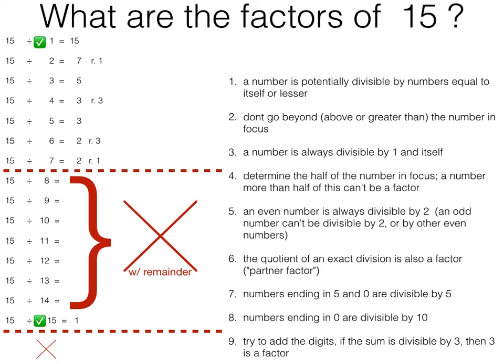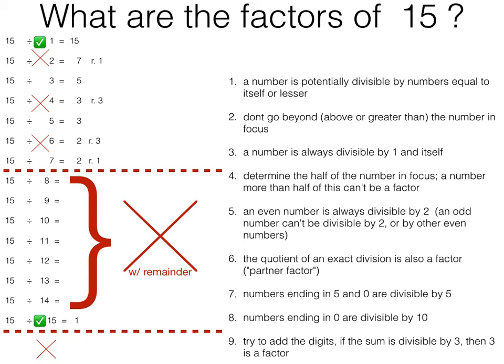So, na-trim down na natin further kung ano pa yung mga potential factors. Now, we have also said that an odd number is not divisible by 2 or other even numbers. So, hindi factors yung 2, 4, 6 kasi magkakaroon ng answer na may remainder.